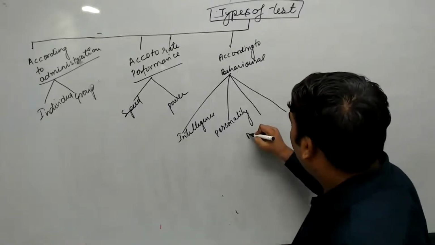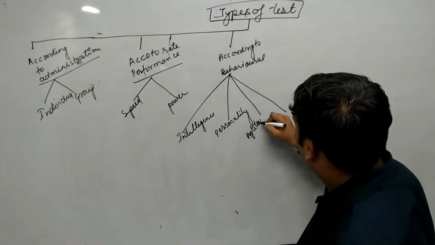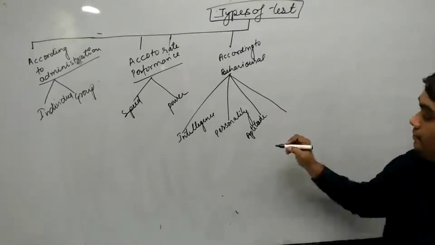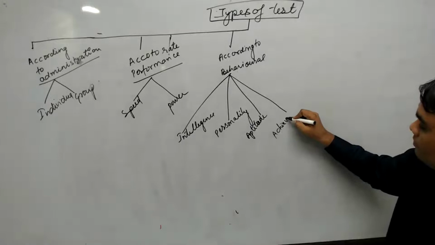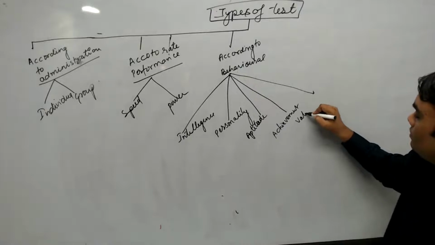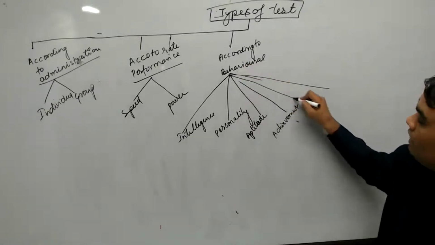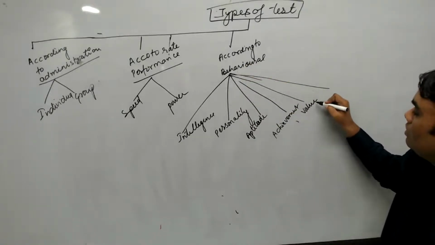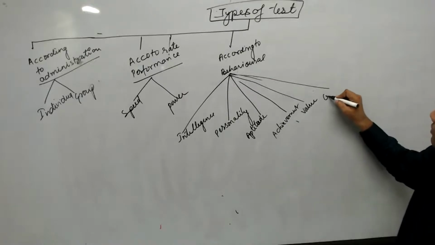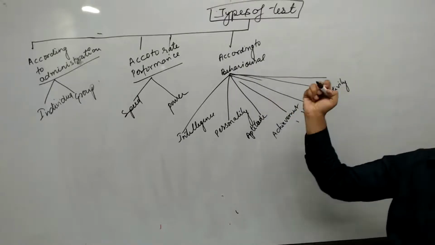Here is what? Aptitude. Other is what? Achievement. Values. Other is what? Values. Creativity.